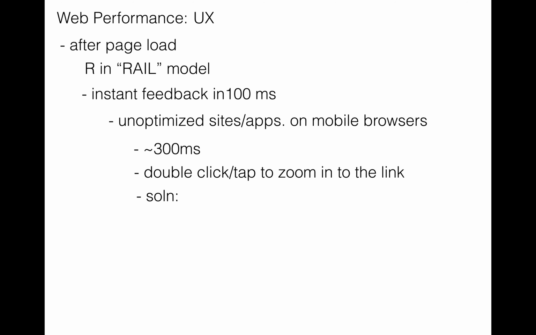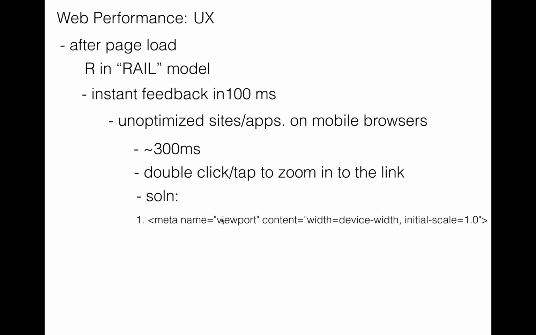Now the solution would be to make the website mobile friendly or responsive in nature. One way to do that would be to have a mobile viewport on the website. So we can have meta name equal to viewport, which will create a mobile viewport so that you don't get a zoom in delay, and your website is optimized for mobile viewing so that you don't get this extra 200 milliseconds of delay.